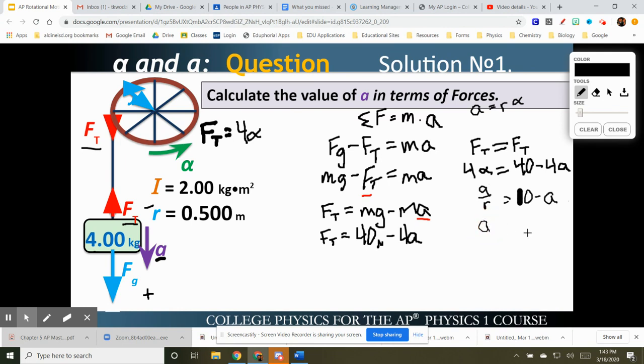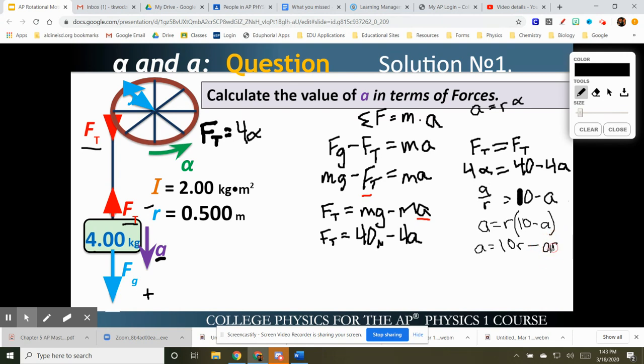A equals R parentheses. Oh, so you gotta distribute the R, huh? That's the good algebra. Okay, so then it's A equals 10R minus AR.